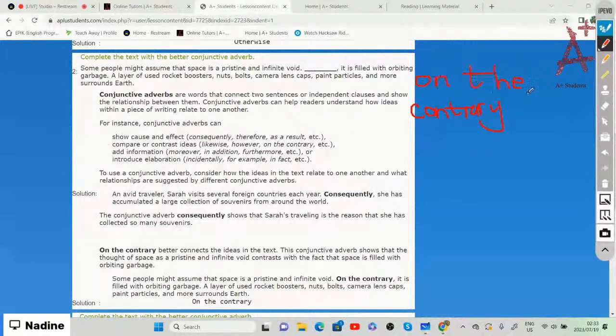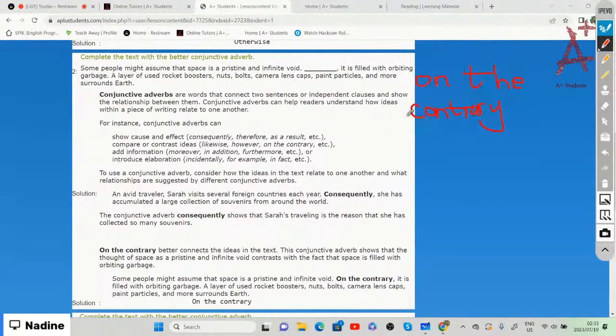And this conjunctive adverb, on the contrary, shows that the thought of space as a pristine and infinite void contrasts with the fact that space is just filled with orbiting garbage. So, many people think that space is beautiful, pristine and infinite, right?